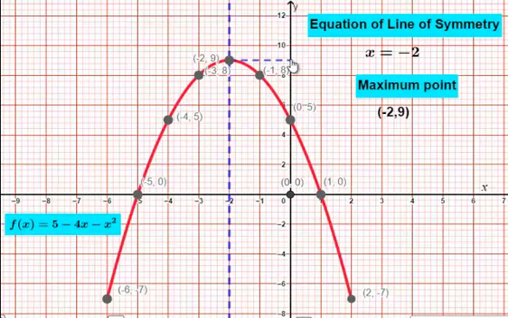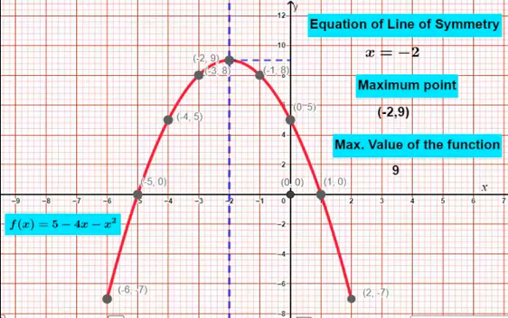We read the value of y for that horizontal line. But without reading that, though you have drawn the line to serve as evidence, we can straight away pick the y coordinate of the maximum point as our maximum value. So our maximum value of the function is 9. That one is not an equation, so you just write 9.